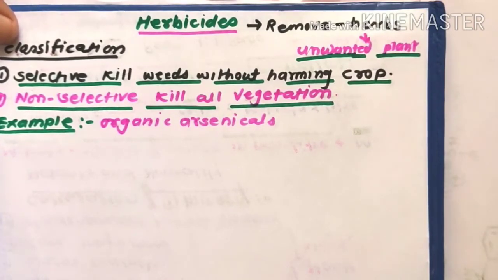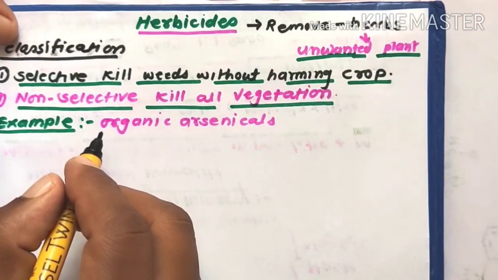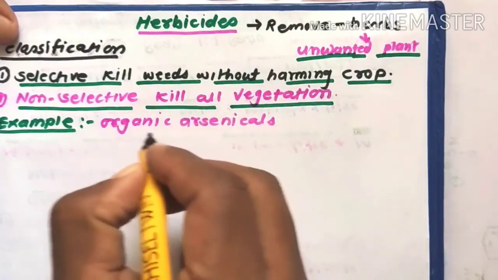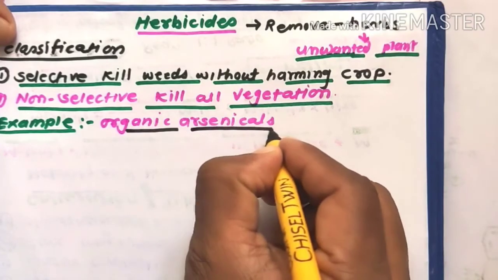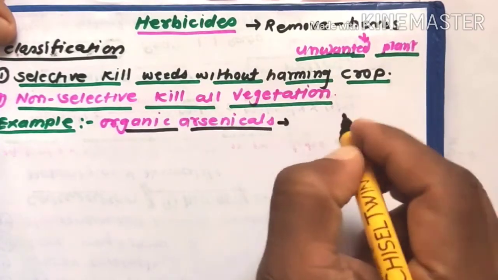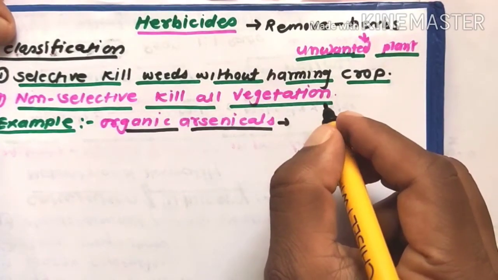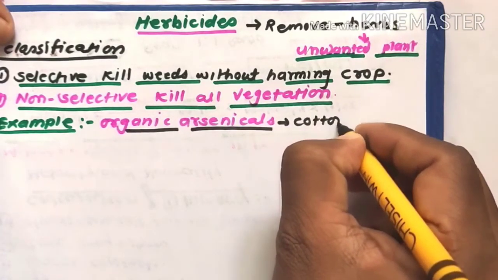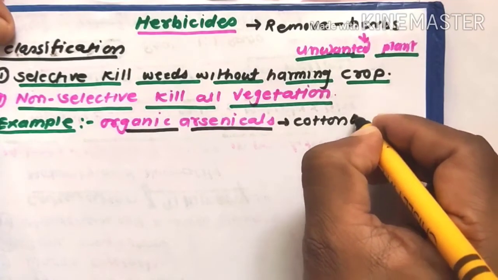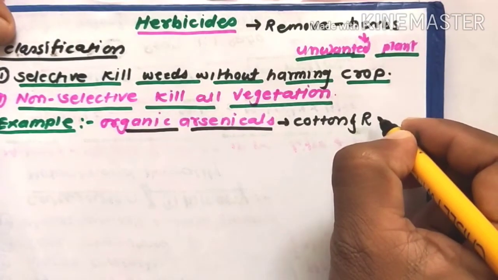That is, cacodylic acid and disodium methane arsenate are used for control of grass in the cotton and rubber plantations. These are the herbicides used to control weeds in cotton and rubber plants.